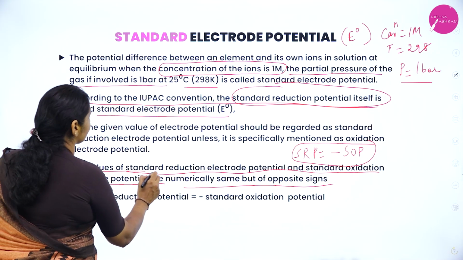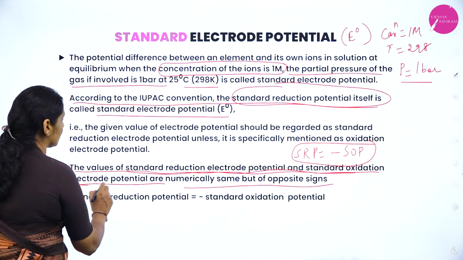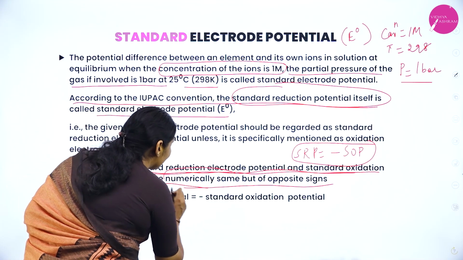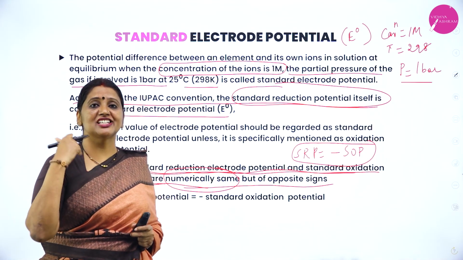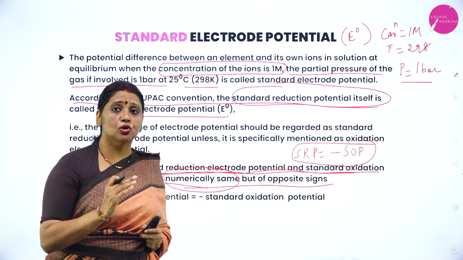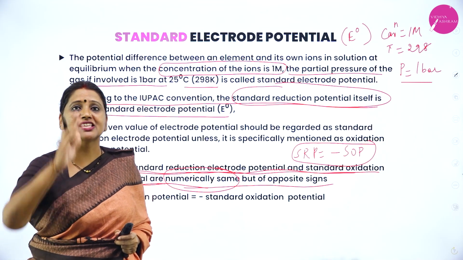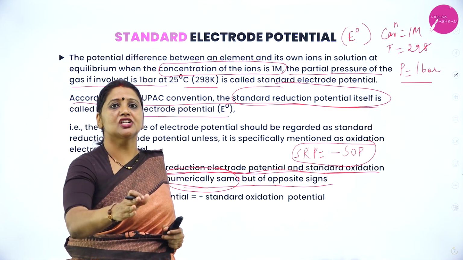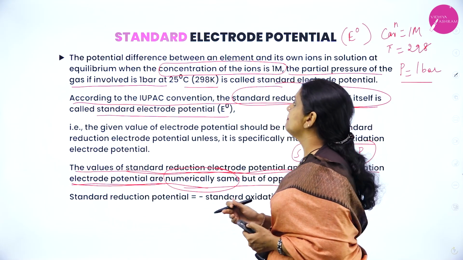SRP is standard reduction potential, SOP is standard oxidation potential.